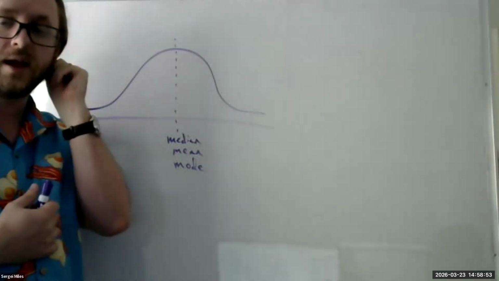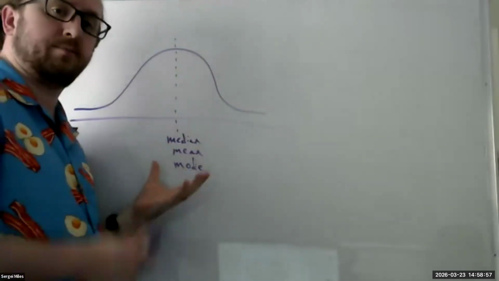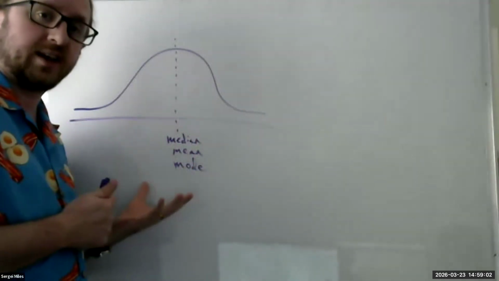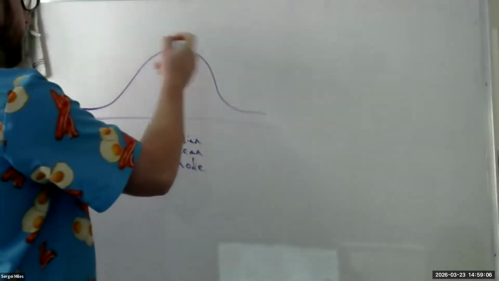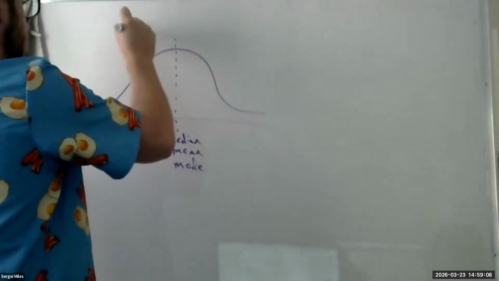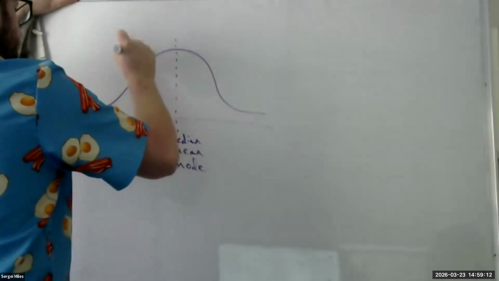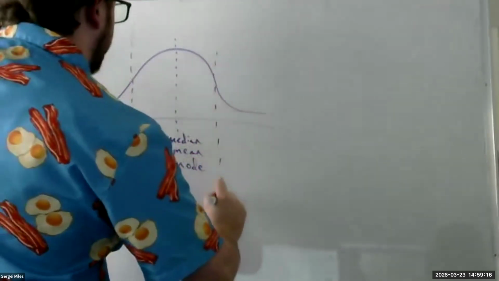Now, in 2.5, our concern with trying to study a set of population data which looks like this is a question of, okay, maybe I just want to look at this region around the middle.